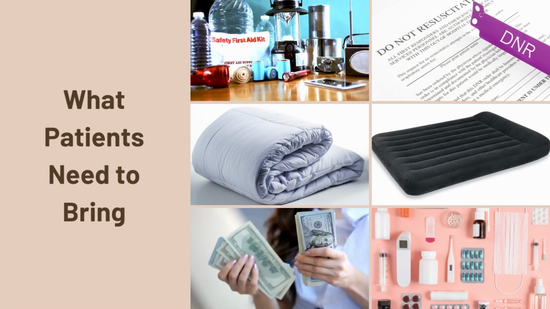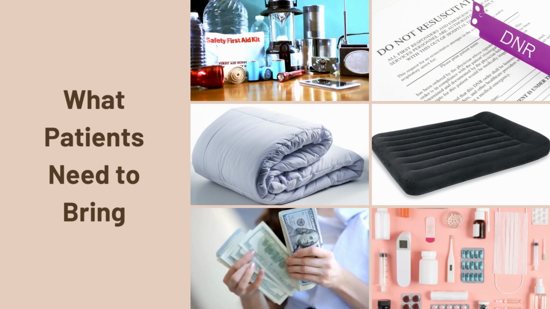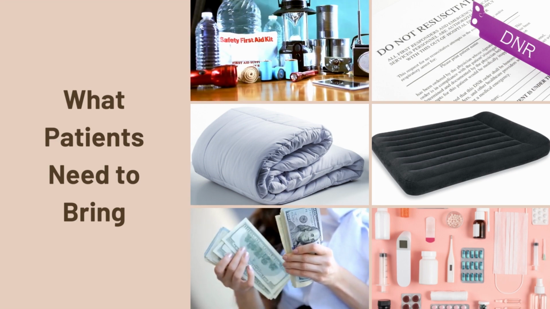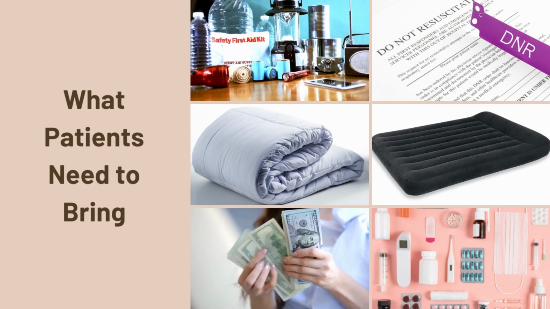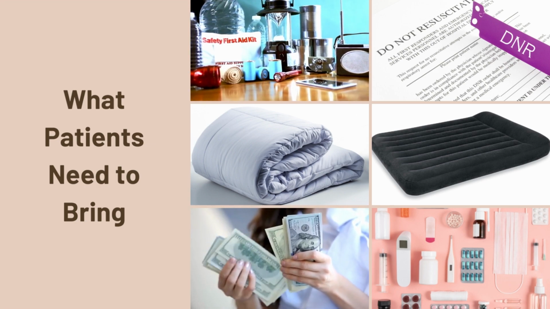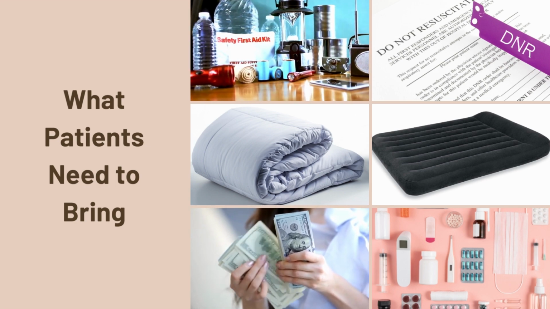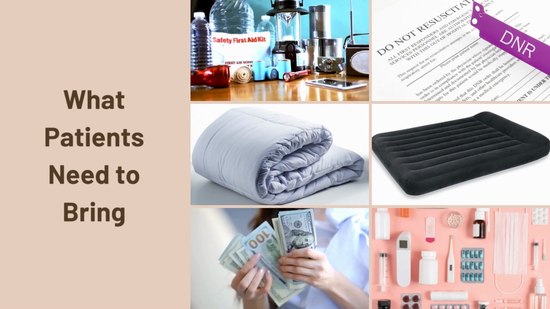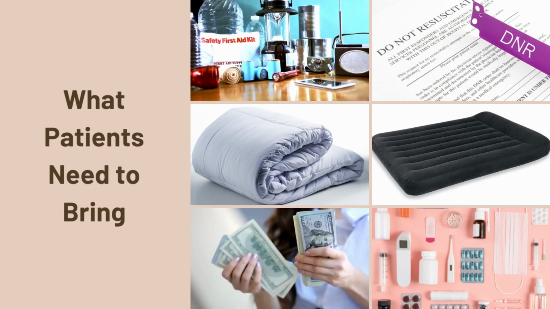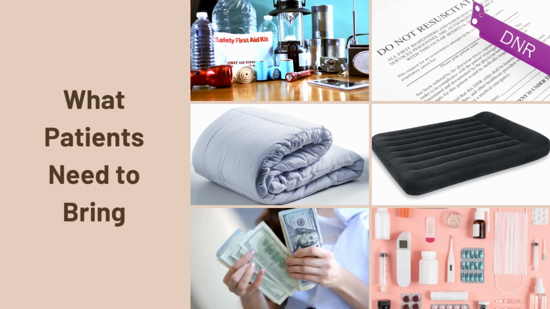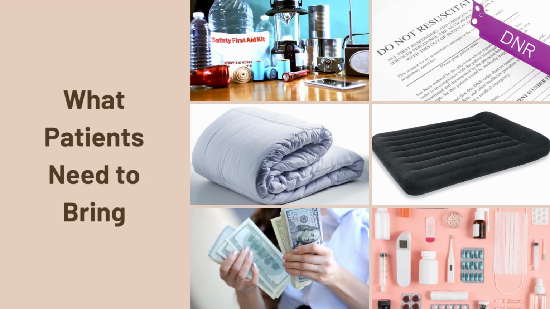Additionally, they should have a flashlight with spare batteries, entertainment or recreational items like books or games, identification with a current address, and any required medical equipment or assistive devices. It's also important to carry their phones with emergency contacts, a copy of their plan of care, and a small amount of cash for emergencies.